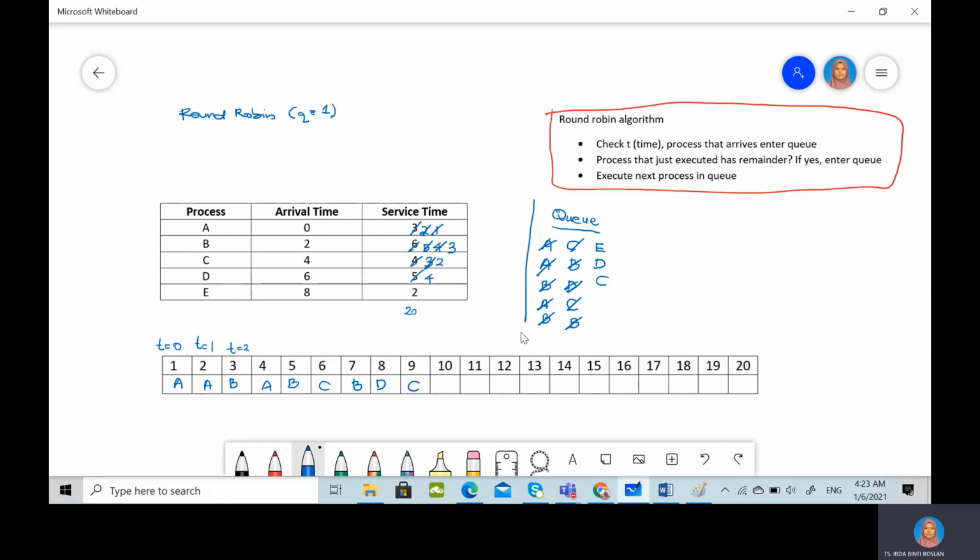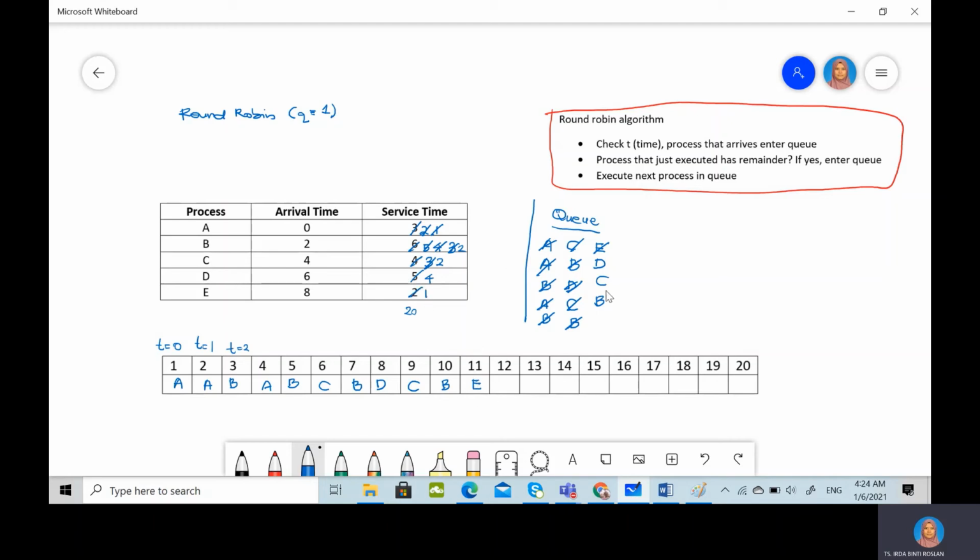Next, execute B. Does it have any remainder? Yes. B has remainder, B put in Q. Next, execute E. E has any remainder?